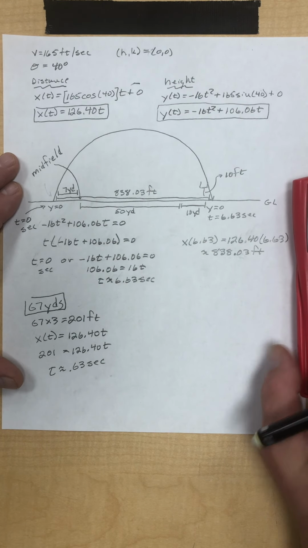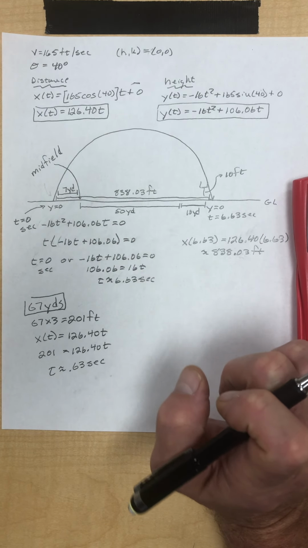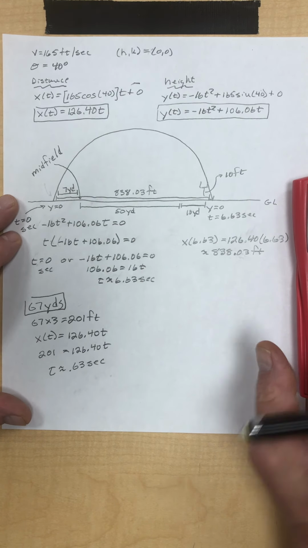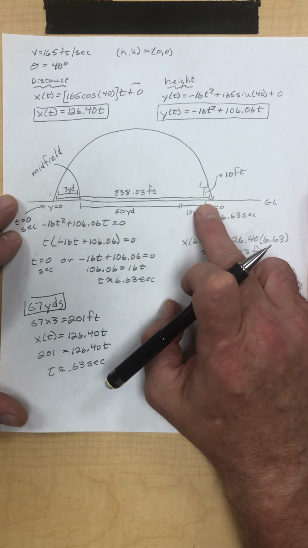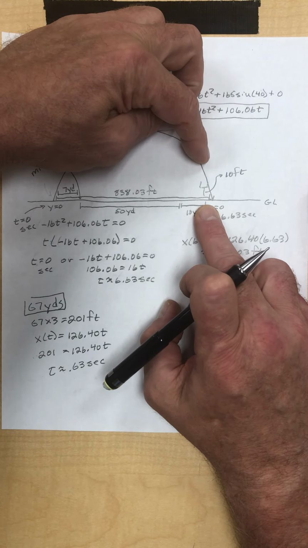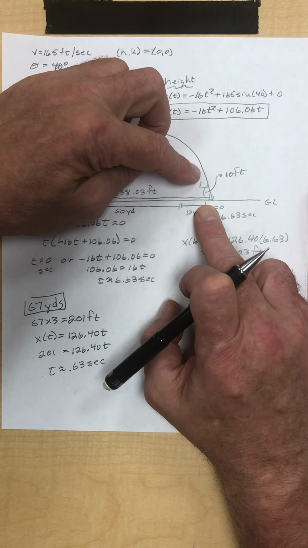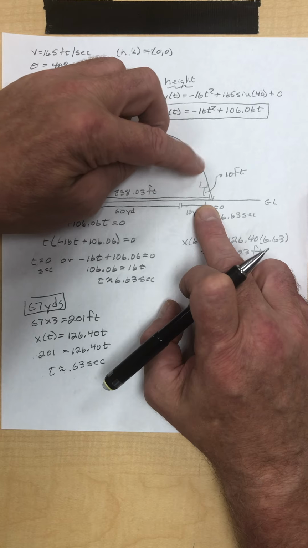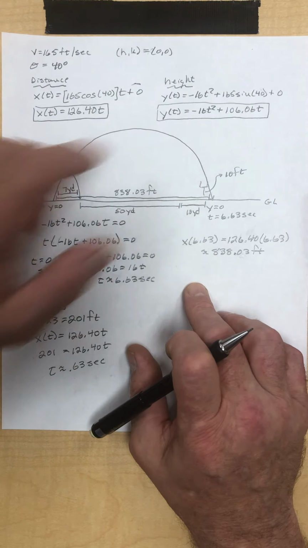It takes less than a second for that ball to travel 201 feet. So if we figure out the height at 0.63 seconds, and it's less than 10 feet, he misses it. If it's more than 10 feet, he makes it. So height is right here.